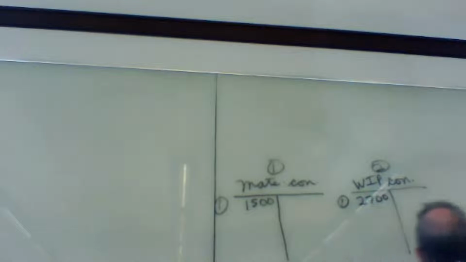And then finally, finished goods. Inventory number three in time. And the balance in finished goods inventory once again was $3,900.